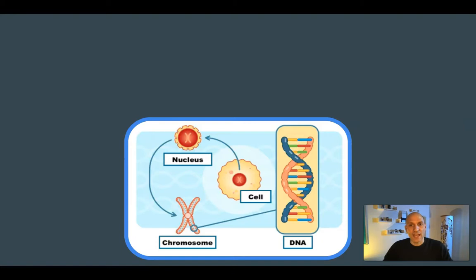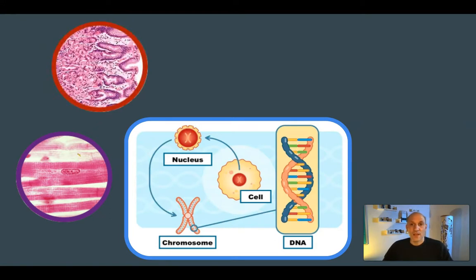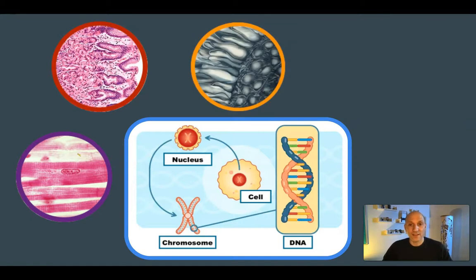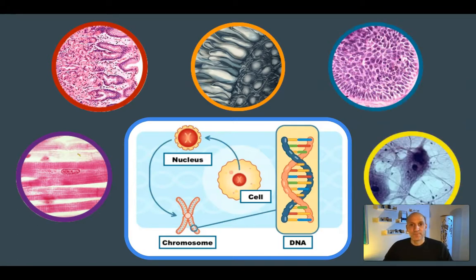And on that DNA is the information to code things like muscle cells. Your cells can use that DNA to create stomach cells or retina cells in your eyes. It can use the information to build skin cells and brain cells. Every organism has the information on its DNA to build all the cells and all the chemicals inside that organism. So DNA is the complete set of information for an organism.